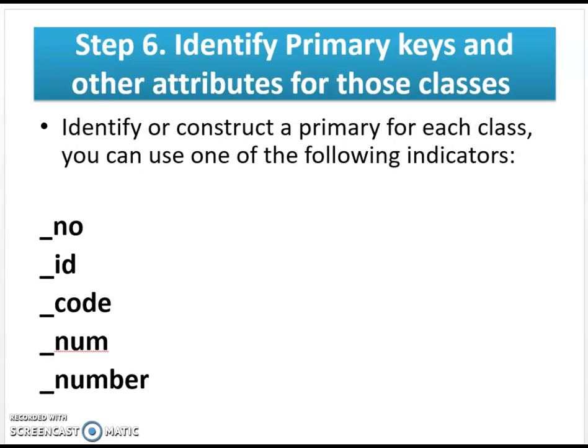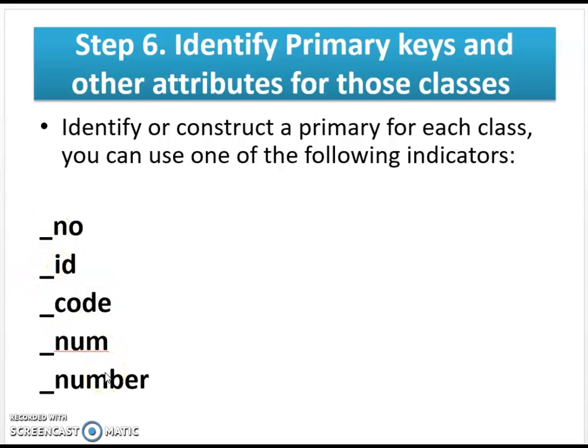If you are not given primary keys and you are asked to identify them, these are some of the indicators that you may use. So you can use the class name underscore one of these 5 indicators, or from the class name, if it's a long name, you can take the first 4 letters, then underscore one of these.